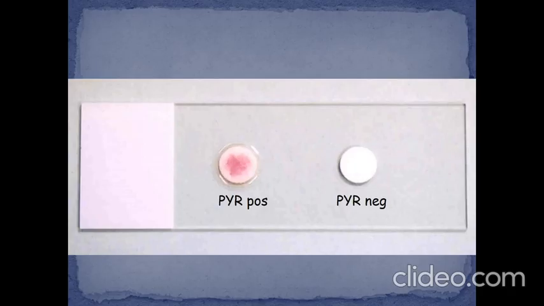Now, this is, like I said before, if we're just going down that flow chart. So if we're trying to move down it, we have a beta hemolytic colony on an SBA, it's catalase negative, gram-positive cocci, chaining, not chaining. We would then move to this test. So we would do the PYR test, and this in itself is 100% definitive for group A strep.